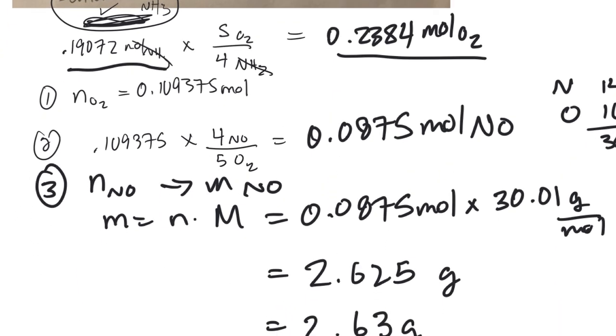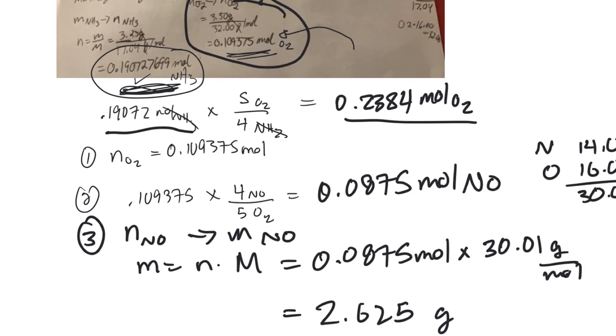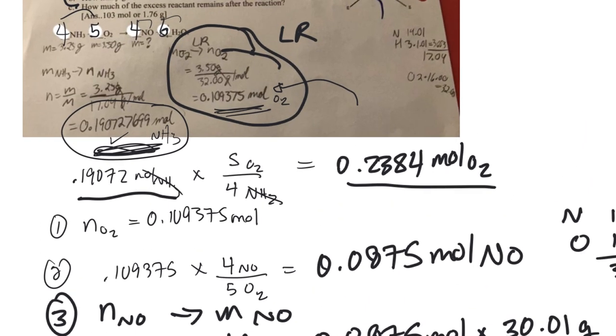Okay, so let's do that. So for excess, I have 0.109375 moles of oxygen. And if it were to react, 4 moles of ammonia react with 5 moles of oxygen. Okay, so let me just show you where I did that. So I have this, that's this one right there.